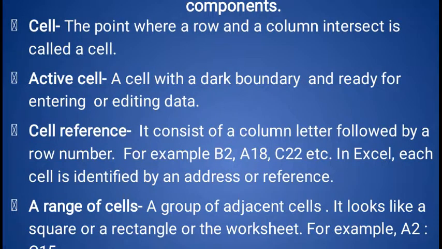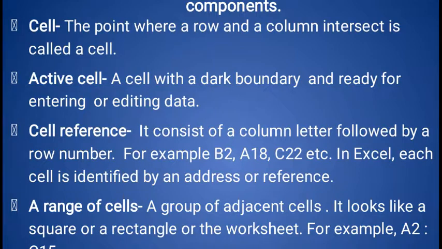For example, B2: here B refers to the column name, 2 refers to the row number. A18: A is the column name, 18 is the row number. C22: C is the column name, 22 is the row number.